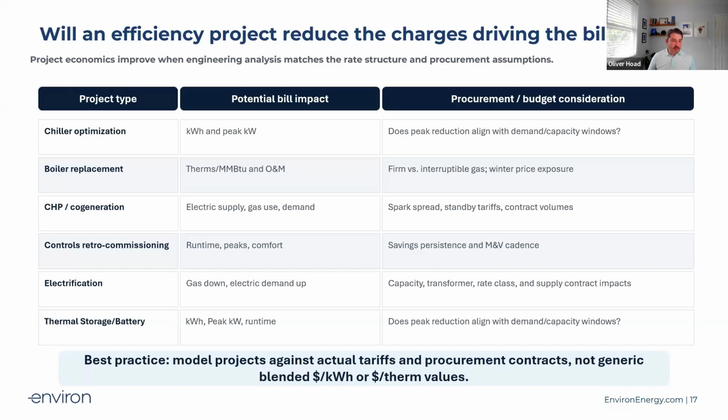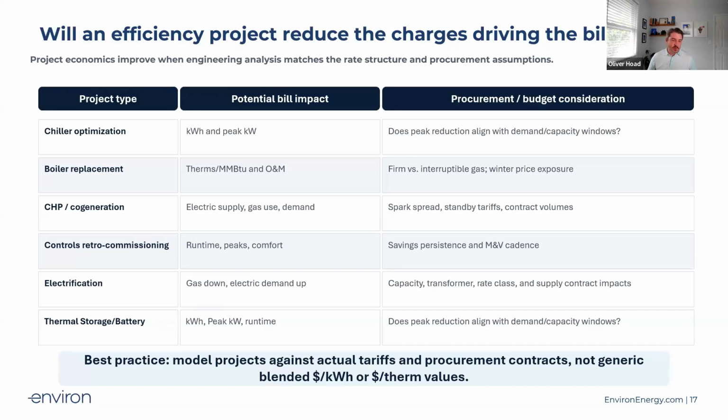One of the key recommendations here is ensuring that the engineering analysis matches the rate structure and the procurement assumptions. So best practice: model projections against actual tariffs and procurement contracts, not generic blended kWh or therm values.